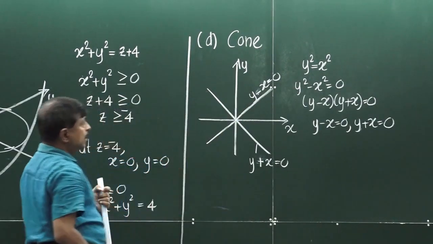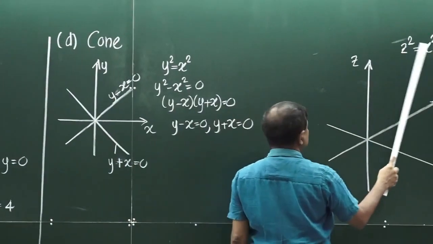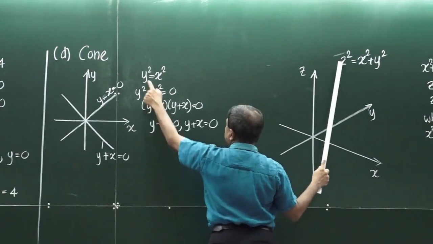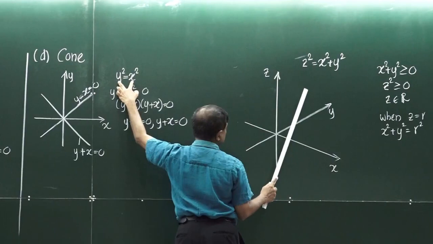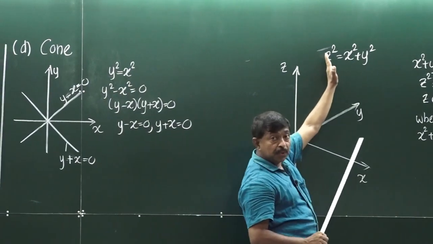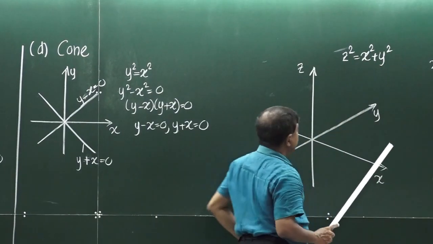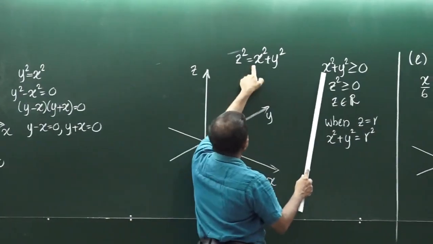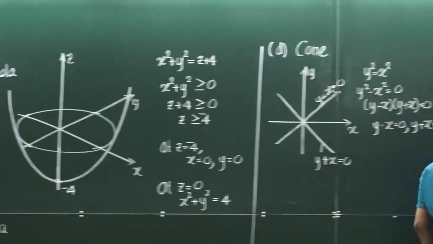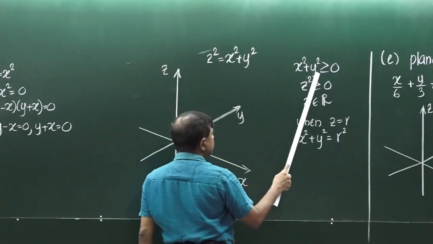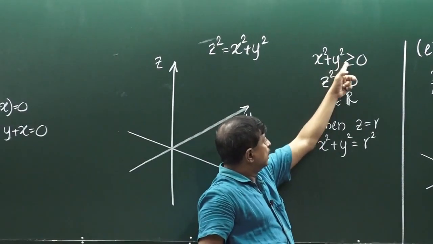So again, let us come up with the figure in 3D. Here you have only 2 variables. Here you have 3 variables, but one is on one side and the other variables are on the other side. Here you can see that if you take this side, like in the case of the paraboloid, x squared plus y squared is always greater than or equal to 0, because they are non-negative.